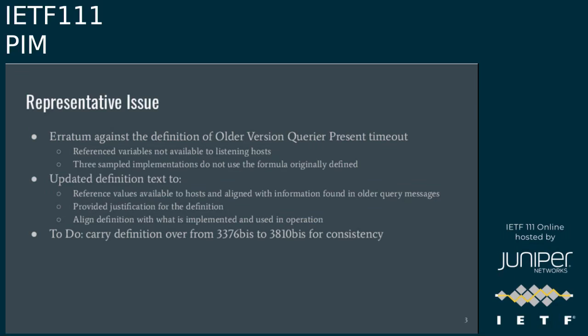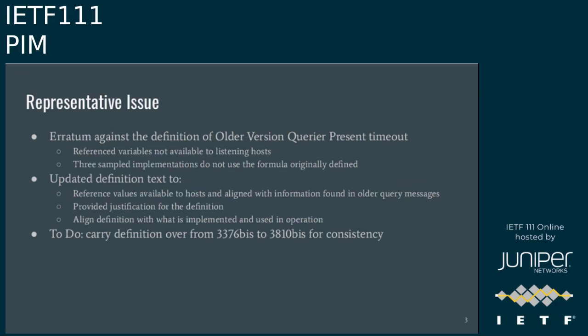We looked at three sampled implementations, and they do not use the formula originally mentioned in RFC 3376. Keeping the criteria of a full internet standard in mind, like interoperability and consistency between implementations, we updated the definition text so that it is clear for new implementers.